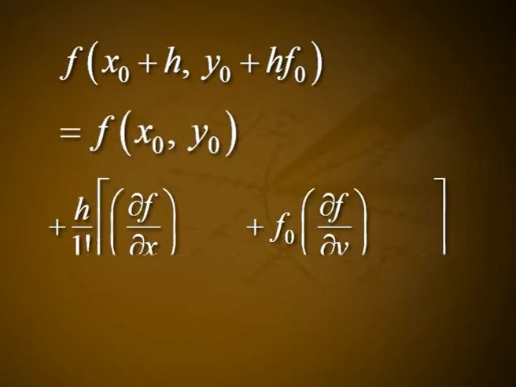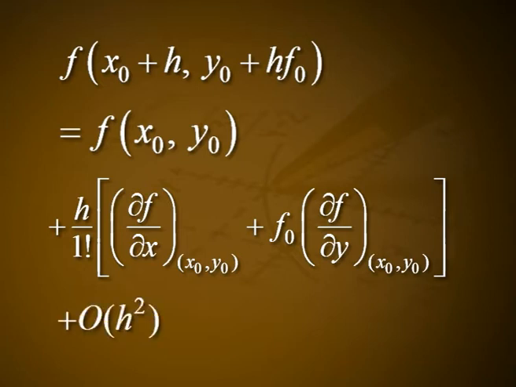Now, expanding f(x0 + h, y0 + h f0) by Taylor series for a function of two variables, we get f(x0 + h, y0 + h f0) equal to f(x0, y0) plus h by 1 factorial into (∂f/∂x at (x0, y0) plus f0 into ∂f/∂y at (x0, y0)) plus order of h square.